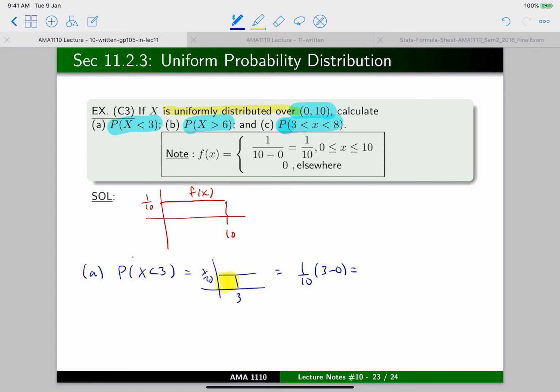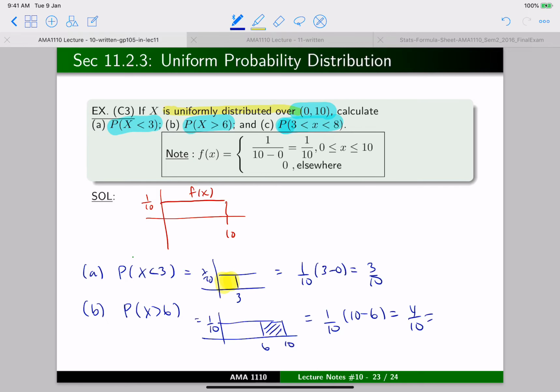Right? 3 minus 0, which is 3 over 10. Same thing for the probability that x is greater than 6. Well, we're looking for this area. This is 10, this is 1 over 10. So from 6 to 10, you're looking for this area. Height times base, which is 10 minus 6, is 4 over 10, which is 2 over 5.